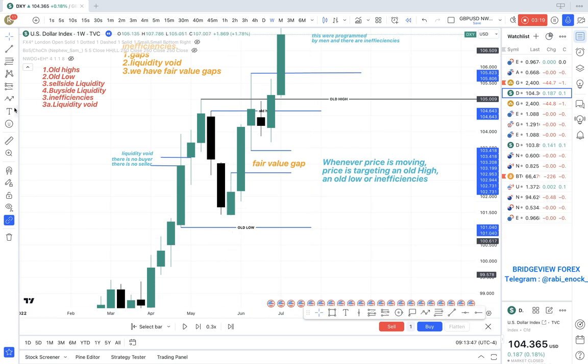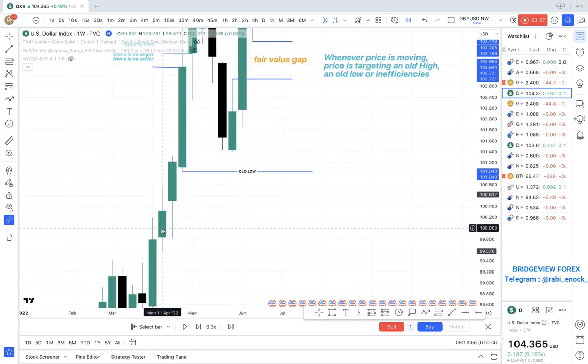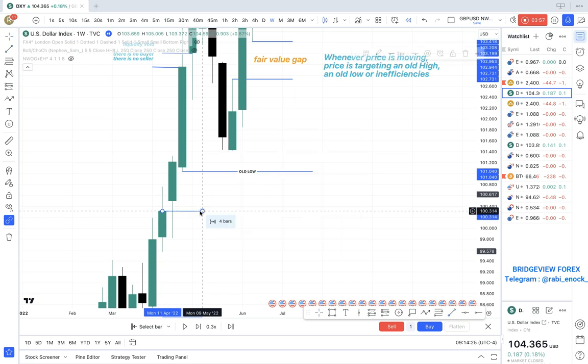So you are going to take this one, the close of this candle. I told you the bullish candle has an open, it has a close, and it has a high. It first opens, comes down to create a low, goes up to create a high, and then closes here. The close of this candle is 100,312.